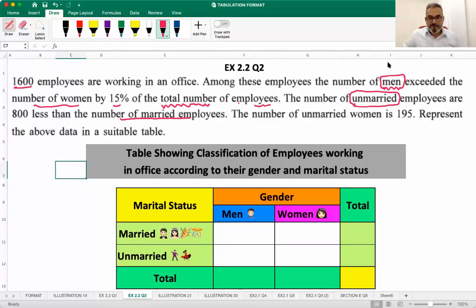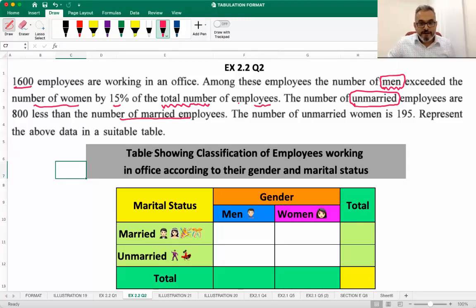Now, let's read the title. The title over here is: table showing classification of employees working in office according to their gender and marital status. Marital status means married, not married, separated, single, divorced. So that is marital status.